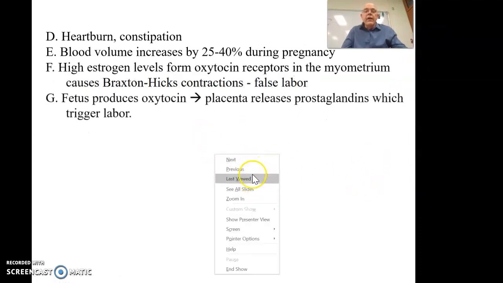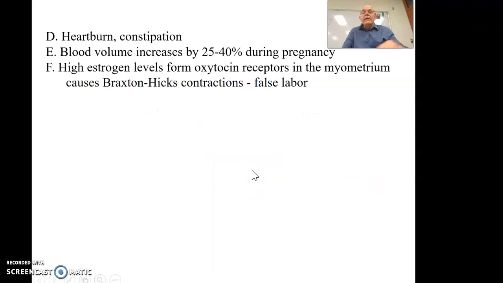All right. High estrogen levels. As I said, you get these high estrogen levels, and sometimes they will form oxytocin receptors in the myometrium. And the myometrium will start to twitch or do small contractions. This is just a reaction to the high estrogen levels. And if you do that, you get what are called Braxton-Hicks contractions, or false labor.